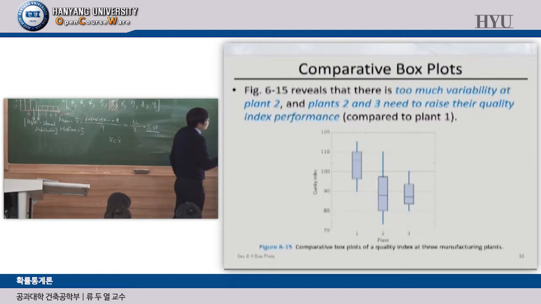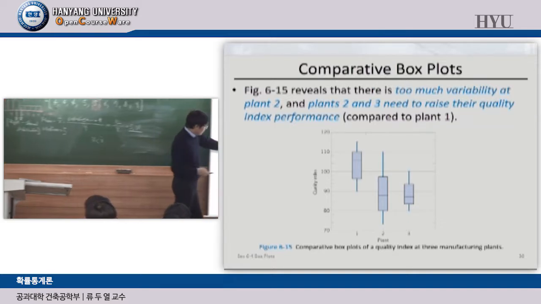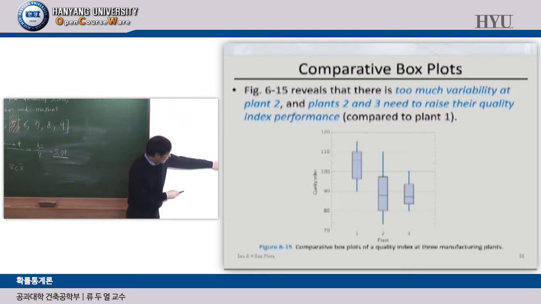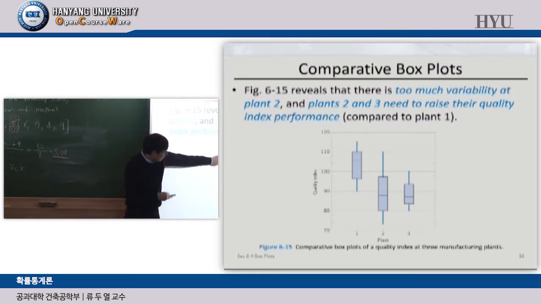And also, manufacturing plants 2 and 3 need to raise their quality index performance as compared to that of manufacturing plant 1. Why? Because manufacturing plant 1 has the highest median quality index as compared to those of manufacturing plant 2 and manufacturing plant 3, right?